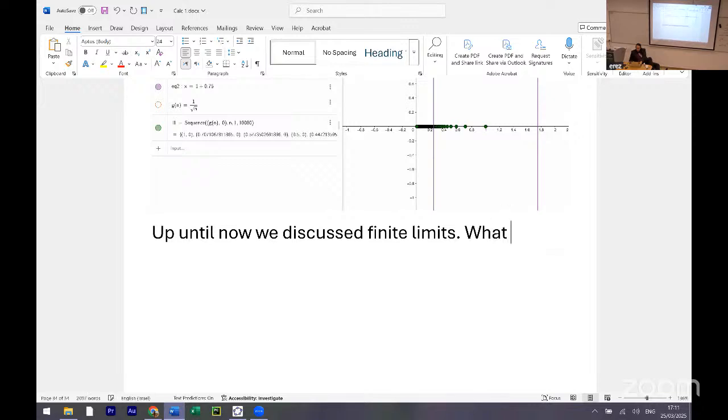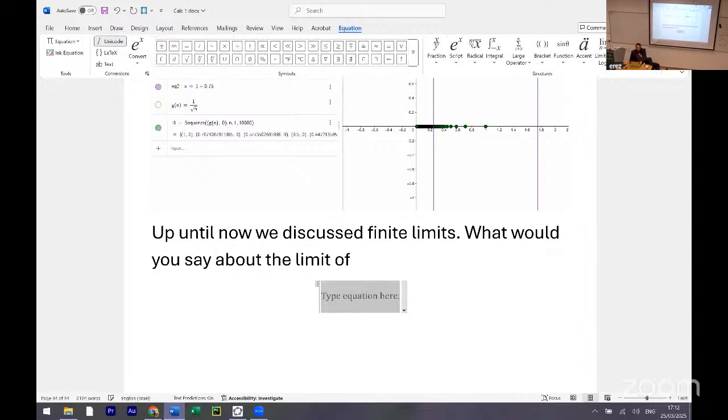What would you say about the limit of, I don't know, the sequence n squared? What would you say the limit of the sequence n squared is? Infinity, obviously. Agreed? That is not covered by our definition, because our definition assumed a real number and the area of the real number.